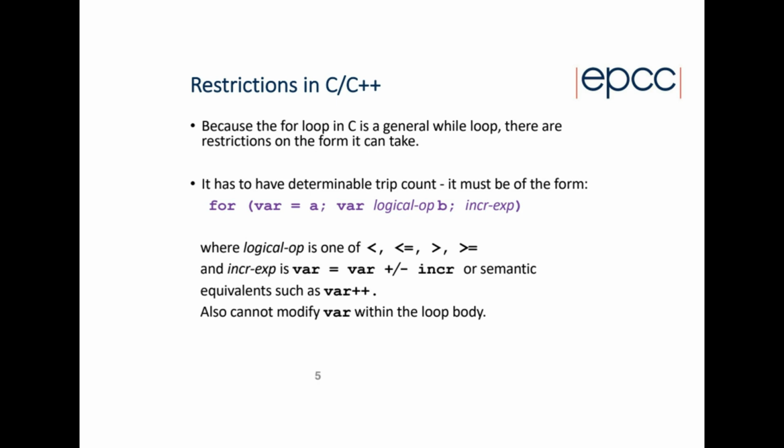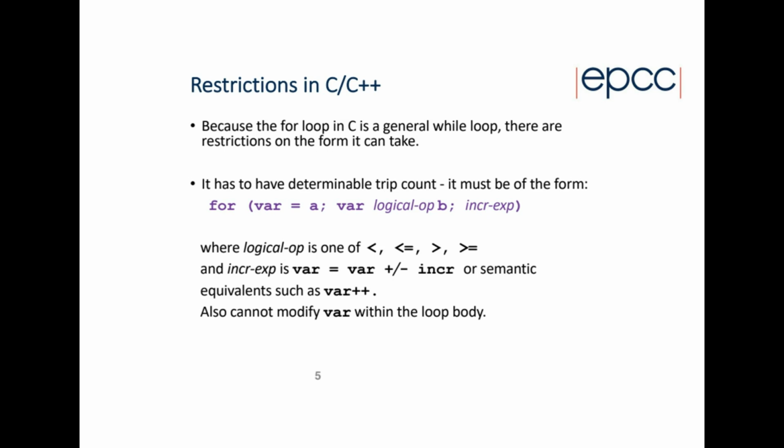So it has to have this sort of canonical form. It has to be for some variable equals some initial value. The test has to be the variable is less than or equal to, greater than or equal to some other value. Not equal is allowed these days, actually. That's a C++ idiom, to do not equal, but that is permitted.